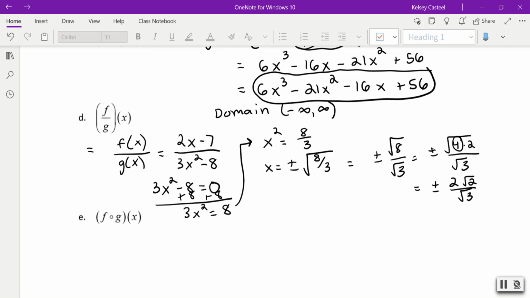If we want to get really fancy here, we can rationalize this answer by multiplying by the square root of 3, top and bottom. So that would leave us with plus or minus 2 times the square root. In the numerator, we have the square root of 2 times the square root of 3. From algebra, we know that we can combine those using the product rule. So that would become the square root of 6. And in the denominator, we would have the square root of 9, which becomes 3.